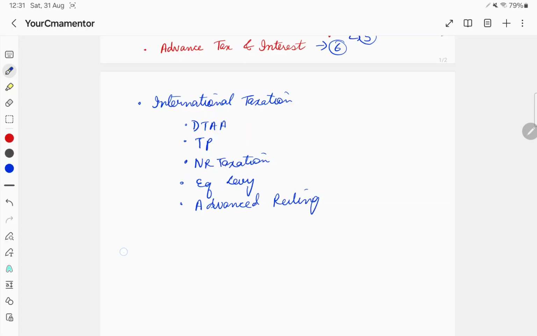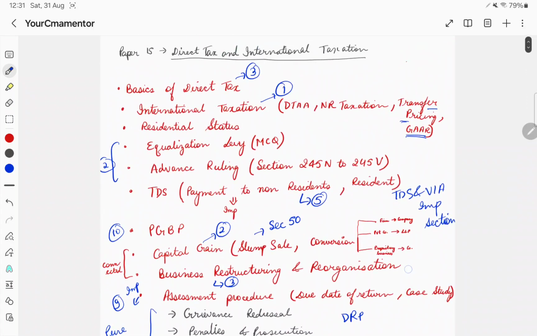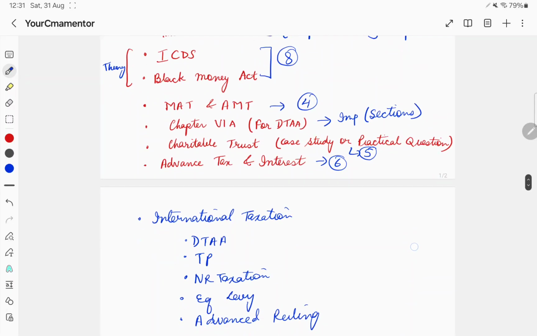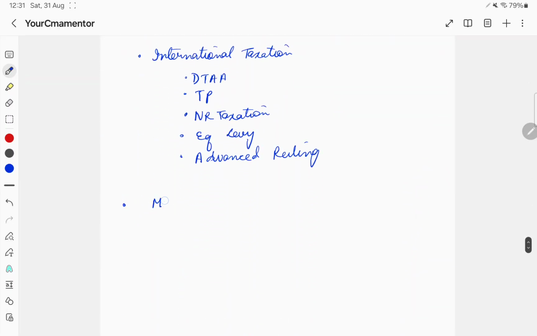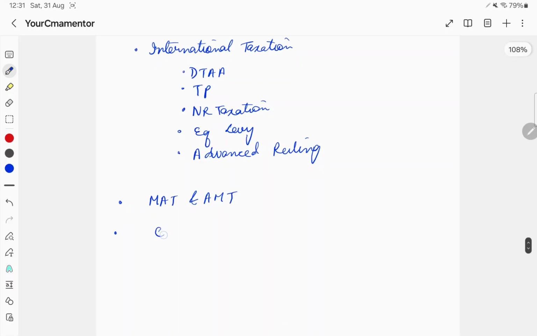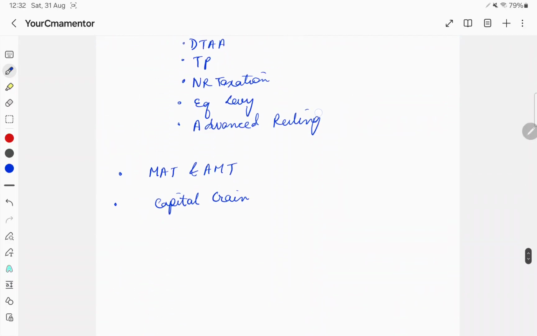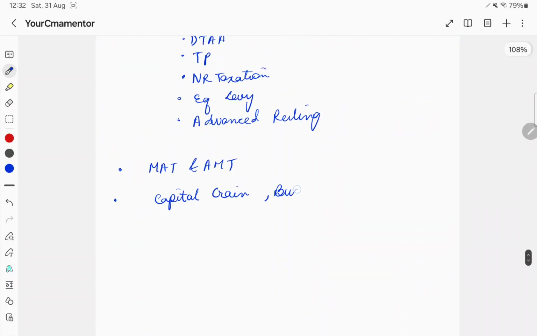Then the second one is to go with MAT and AMT. Then you can follow this pattern: go with capital gain next, and the second one is business restructuring. Both of these chapters you go through together.